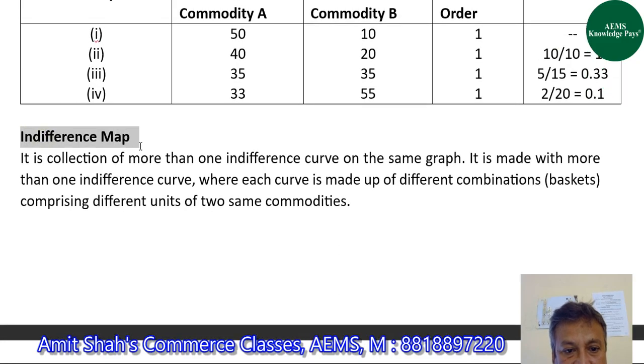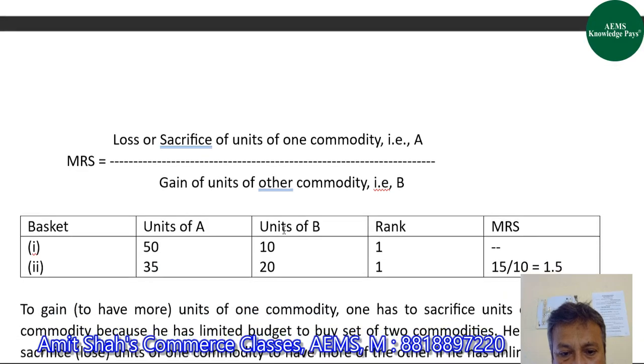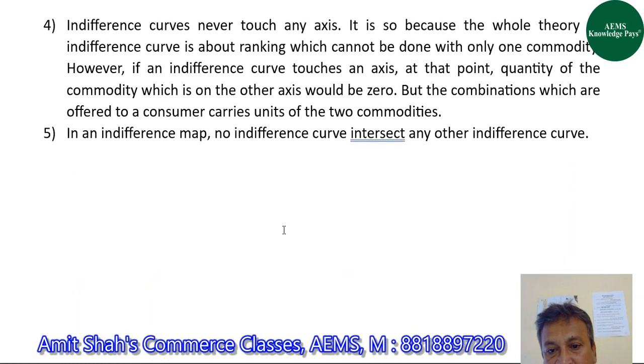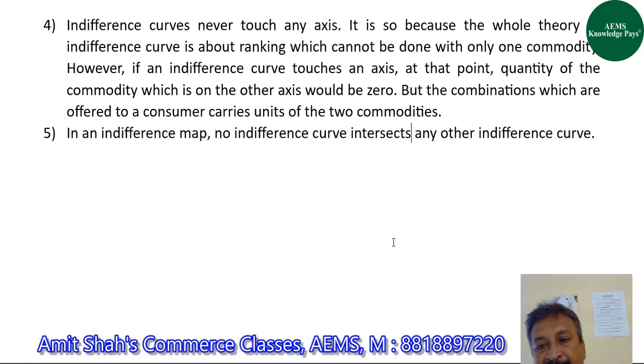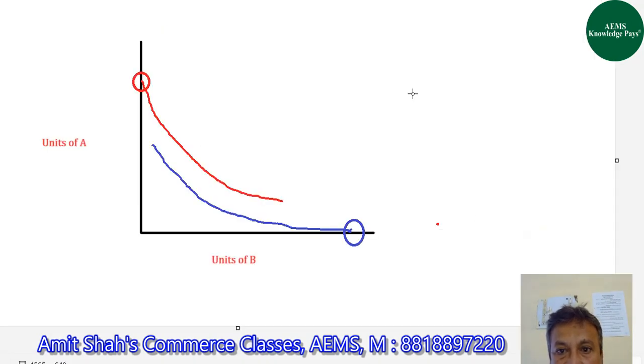Here we have seen an indifference map. So an indifference map is a graph in which we have more than one indifference curve. No indifference curve intersects any other indifference curve. Now, why is it so? Let's understand this with this graph.